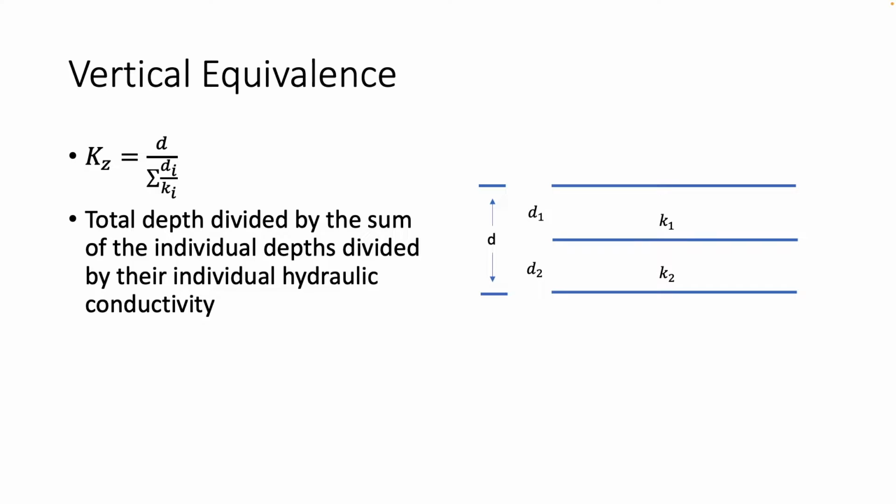So how we calculate this, if we're looking at vertical equivalence, now remember this is not necessarily vertical equivalence, but flow in series. We call it vertical equivalence because in hydrology, obviously layers tend to happen in layers, right? And when we talk about geology, everything happens in layers like this, unless you're on the side of a mountain maybe.